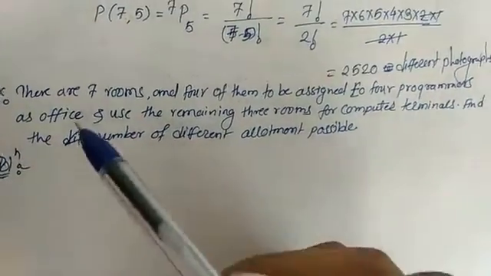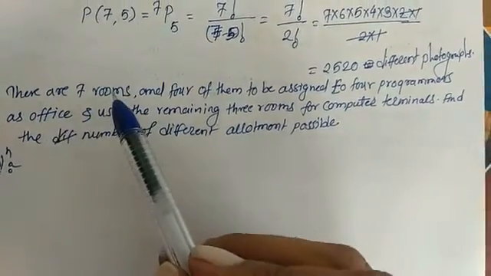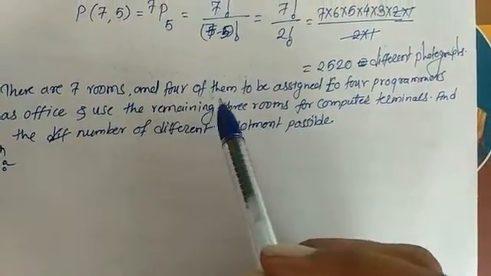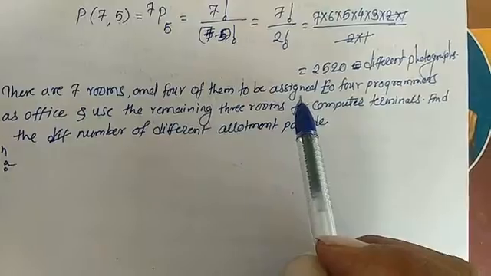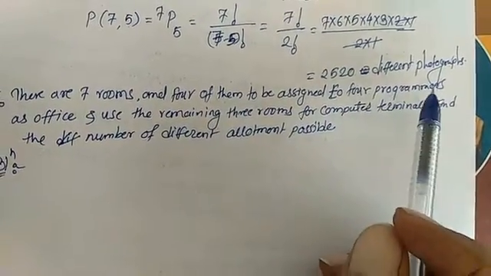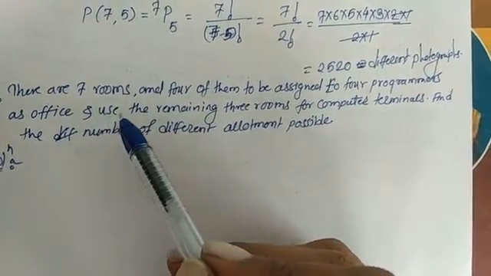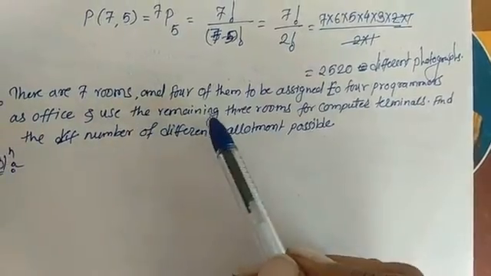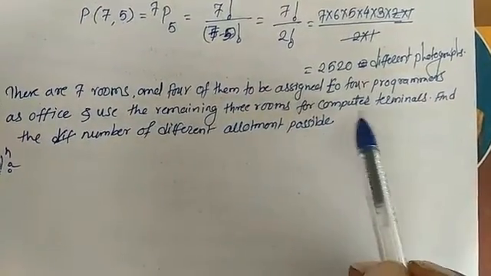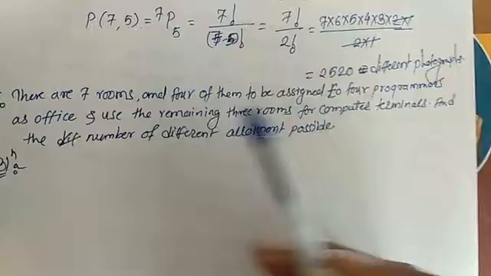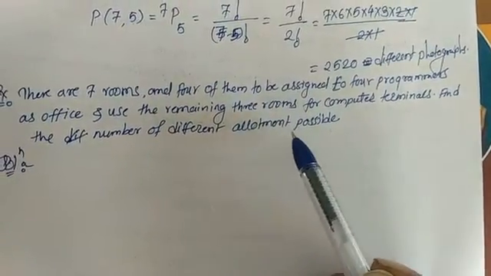So in the question it is given that there are 7 rooms and 4 of them are to be assigned to 4 programmers as offices, and the remaining 3 rooms are used for computer terminals. Find the number of different allotments possible.